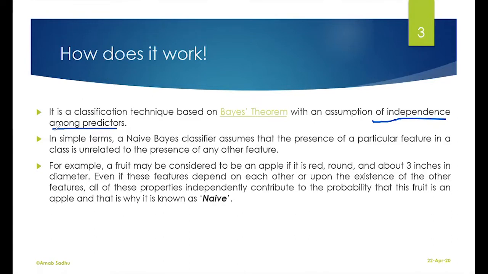Obviously we miss the dependency among the predictors, but in essence that is how it is. The features work independently, that is why the classifier is known as naive Bayes classifier. It depends on Bayes theorem, so it is a Bayes classifier, and the independence of the predictors makes it naive Bayes classifier.